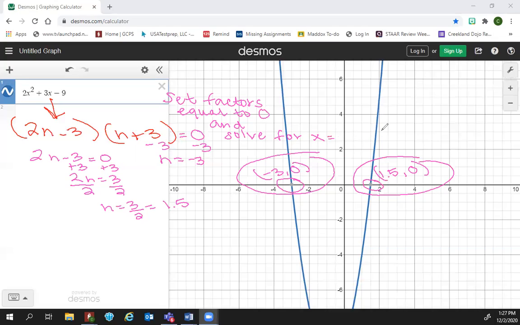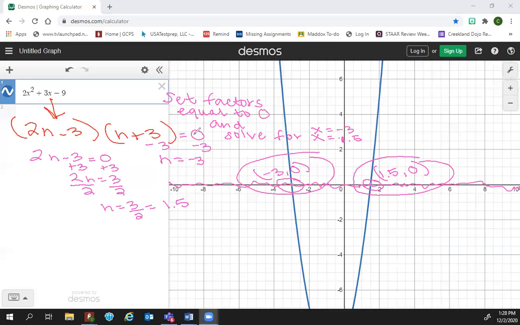You usually should get an x equals and an x equals. In this case, x equals -3, and x equals 1.5. Because those are two x-intercepts. Your answers are always going to be where the graph intersects the x-axis.